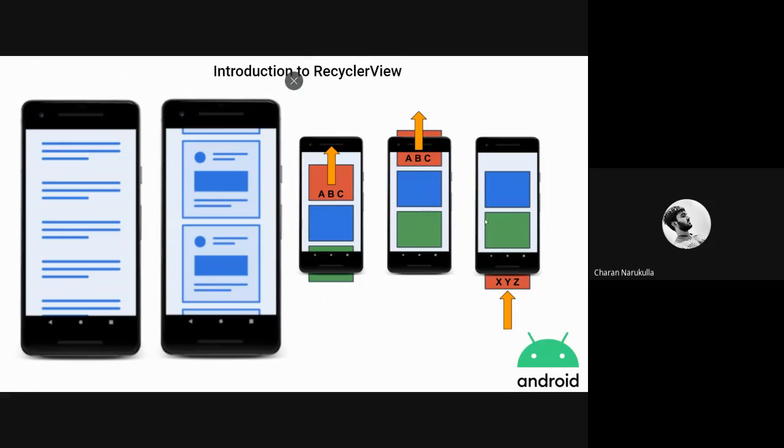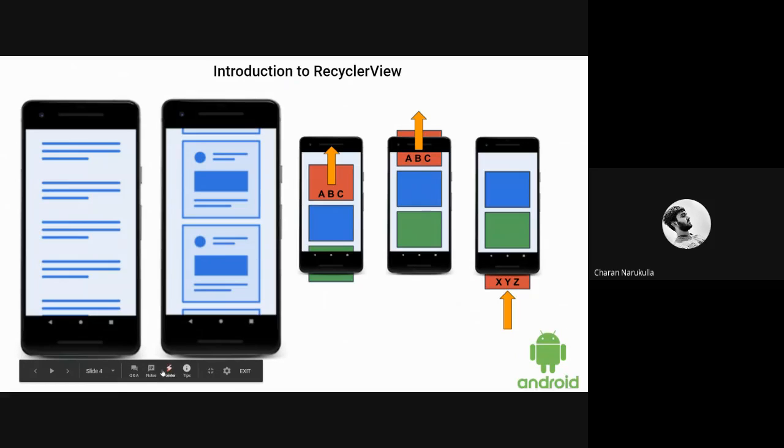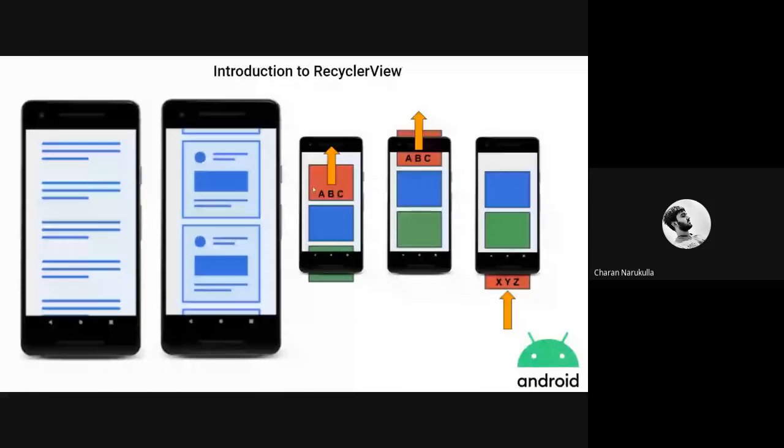You can ask how. Assume that you have a text view A, B, C, and also you need to get X, Y, Z when you scroll your screen up. So how can you get that?